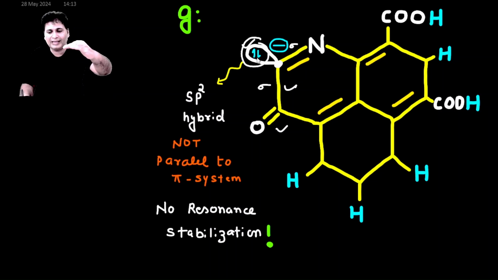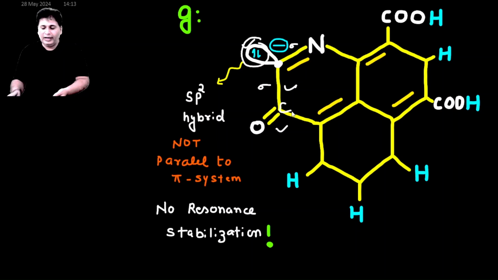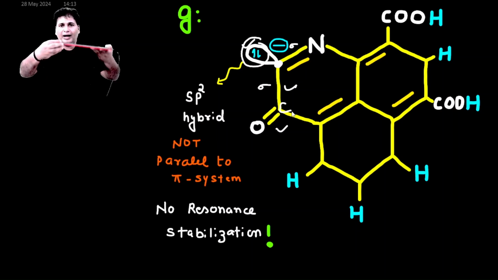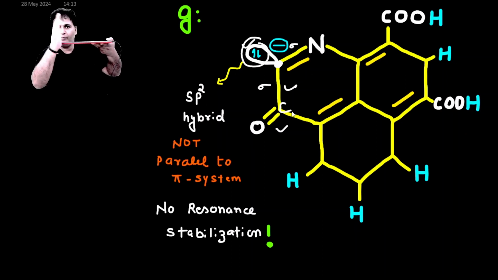And you should understand the oxygen and carbon pi bond. For an example, this was carbon and this is oxygen. So the pi bond is like this.